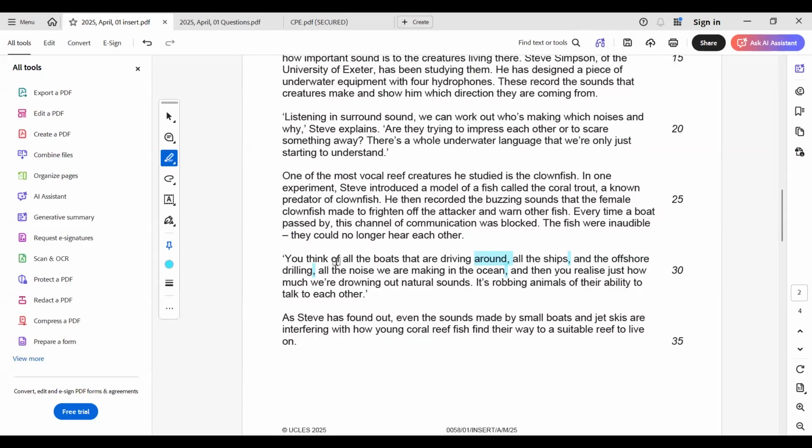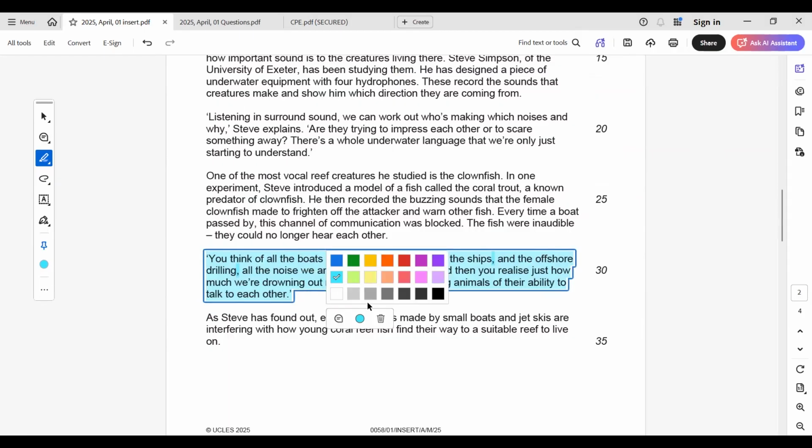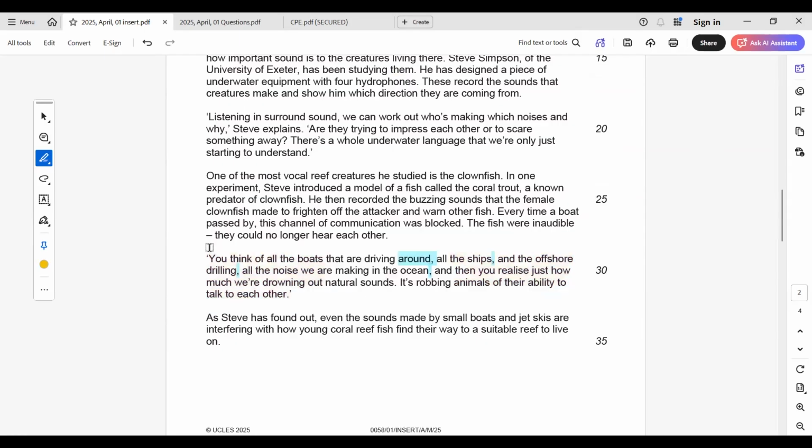Here, as I have already found, this part is the exact paragraph, lines 29 to 32. And now we will be checking the first sentence. Until here is the first sentence.